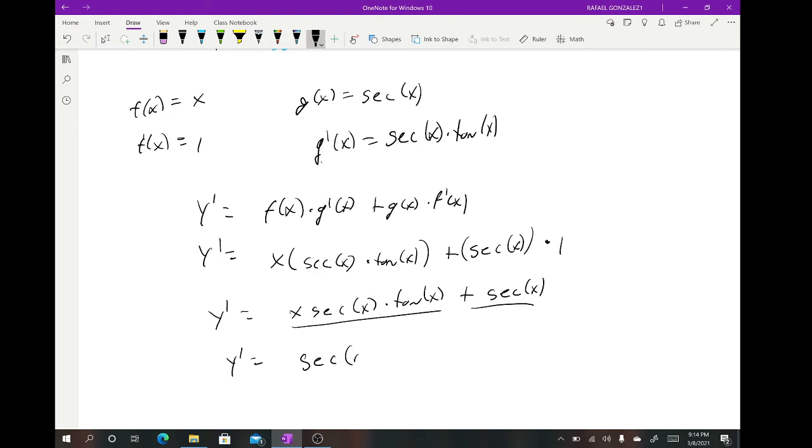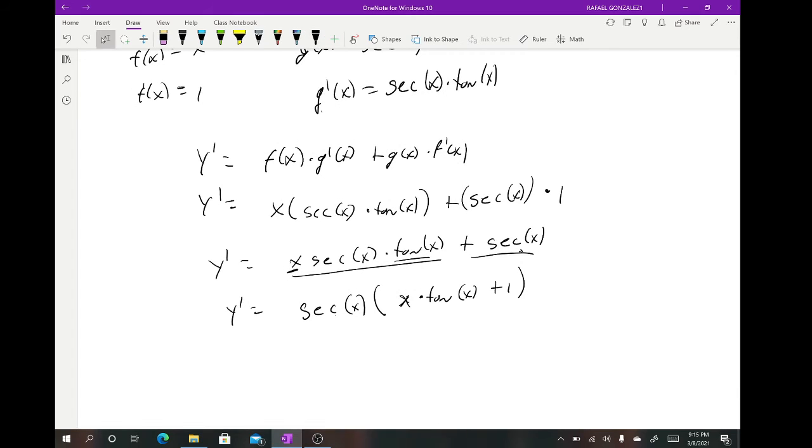So this is secant x times, and what we're left with in the first term is just x times tangent x, and then plus 1 because we factor out the secant. If you multiply it out, you'll see that you get the same thing. So that's the solution for this.